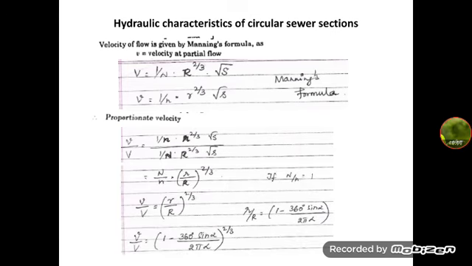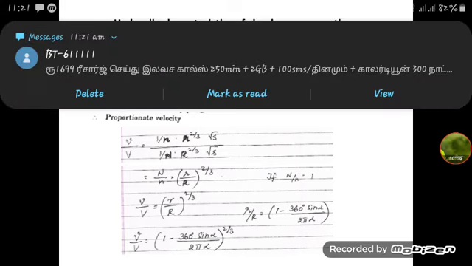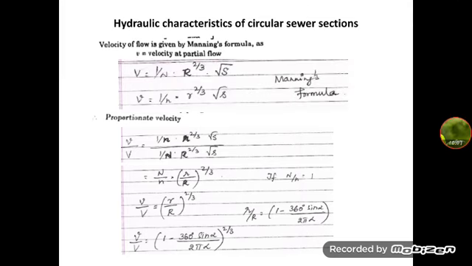So the formula becomes n by n into small r by capital R power 2 by 3. If n by n is equal to 1, that is, in Manning's formula the coefficient n is equal in both cases, then it becomes 1. Then the formula becomes small v by capital V is equal to small r by capital R power 2 by 3.